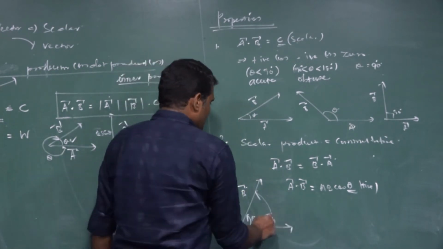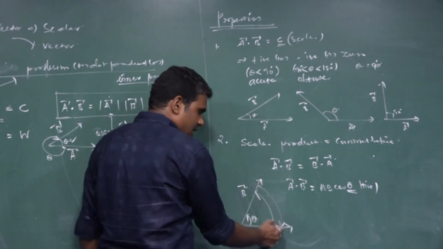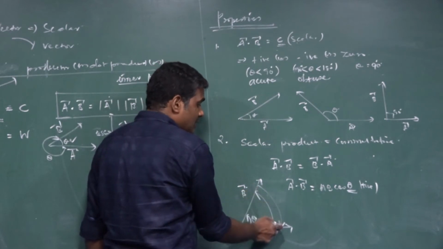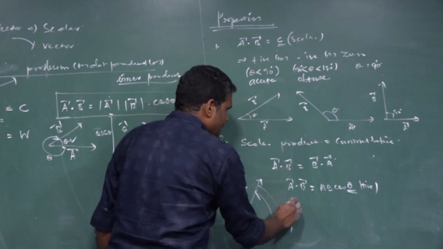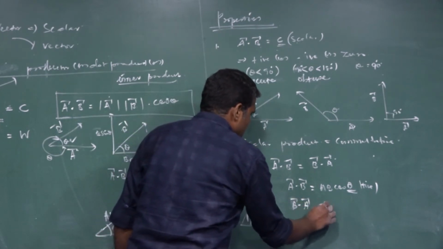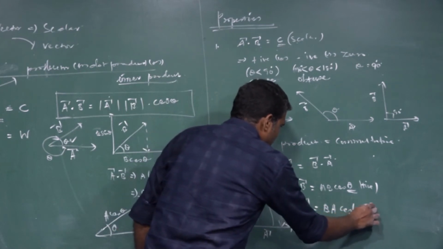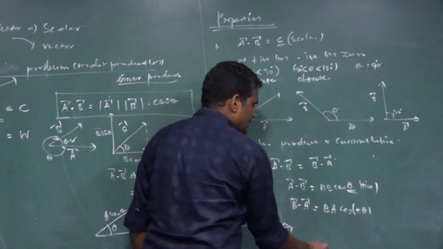If B vector dot A vector is taken, then theta is measured in the reverse order, so theta must be negative. So if I write B vector dot A vector, then this is BA cos of minus theta, because I am going in the clockwise direction. Theta is negative.